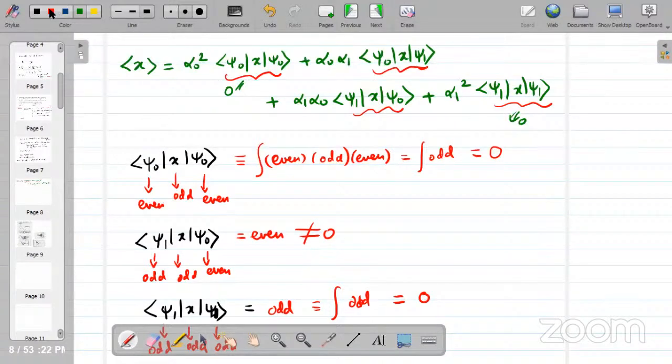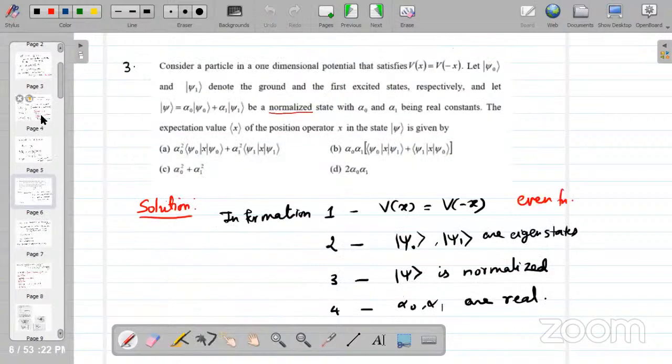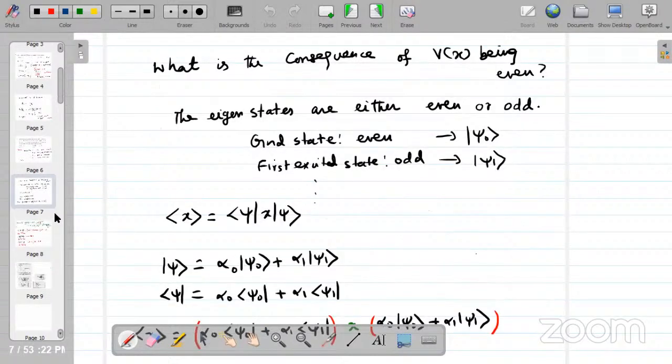So we have now only this fellow and this fellow. So we check whether we have this term in the equation. Yeah. So here look at option B: alpha naught alpha 1 psi naught x psi 1 plus psi 1 x psi 1. Yes, we have an option.